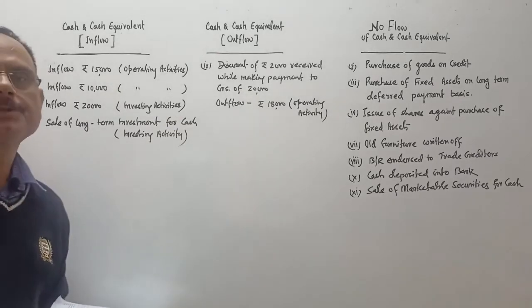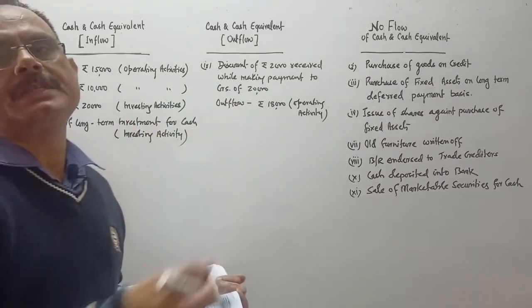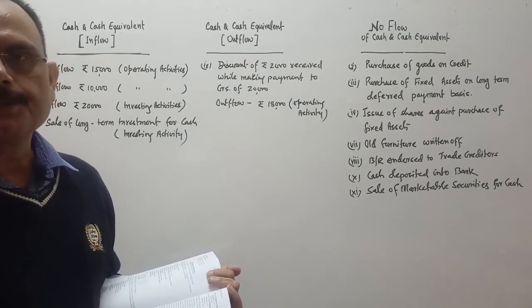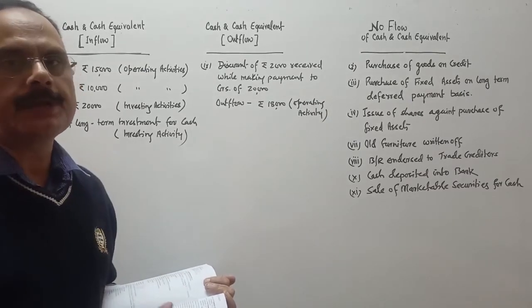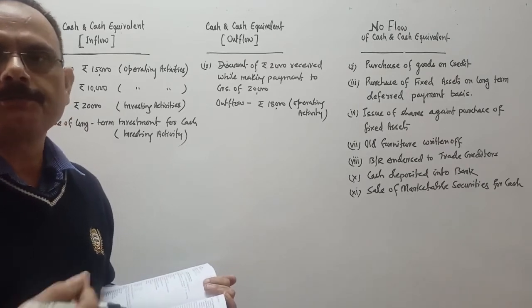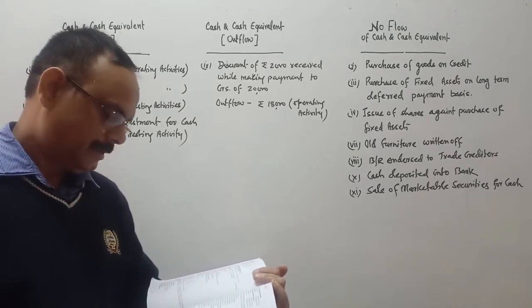Conversion of debenture into shares. Debenture is converted into shares. So the entry is debenture account debit to share capital account. Both sides are non-current, so cash is not flowing in this transaction.